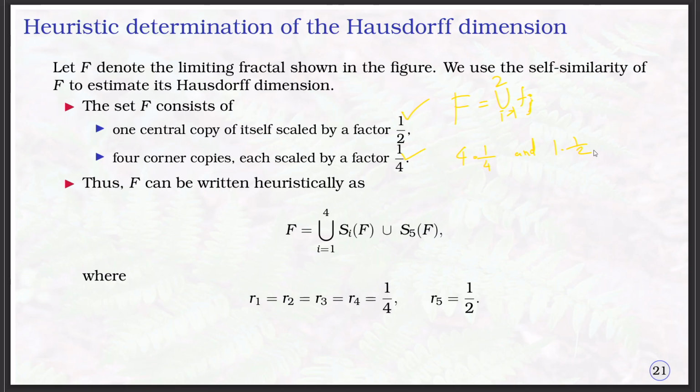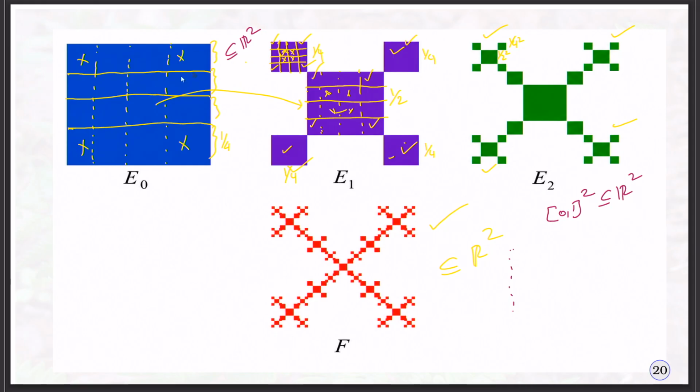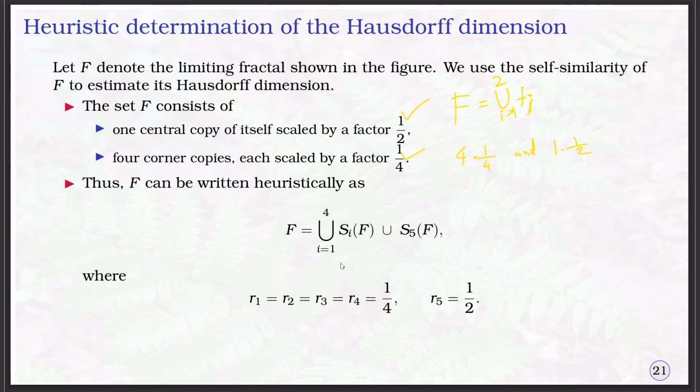So, then F can be written as a union of Si of F, because 4 mappings are needed to map this one as here, this one as here, this one as here and this one as here. We need 4 mappings, each of which has contraction factor 1 by 4. One mapping is needed to map the whole set to here, and for this mapping the contraction factor is 1 by 2.